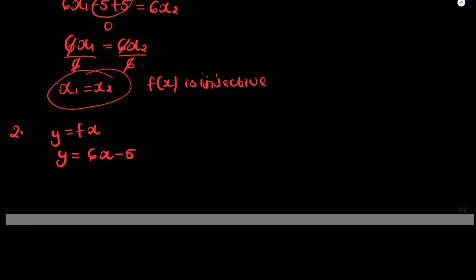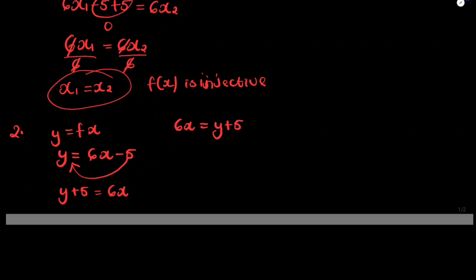Here we are going to solve for x. We can send the 5 this way, so you would have y plus 5 equal to 6x. Let me just reverse this, it is the same thing: 6x equal to y plus 5.